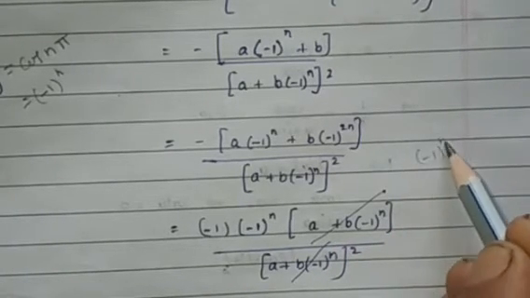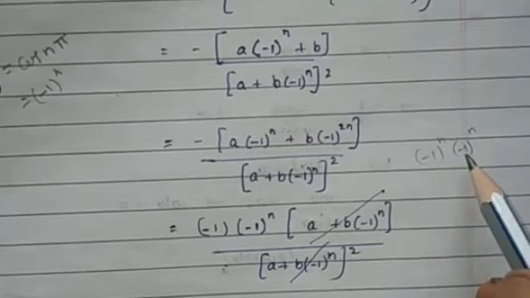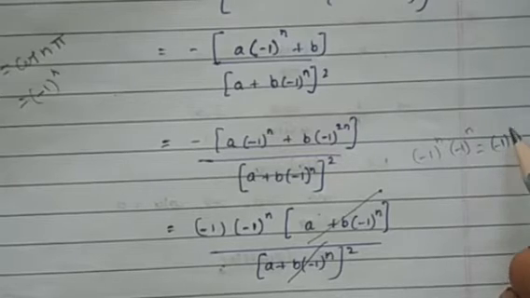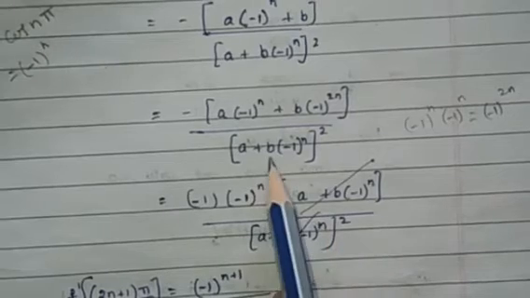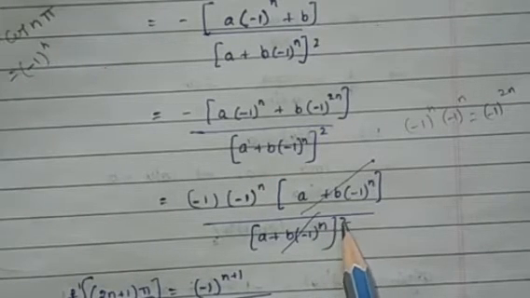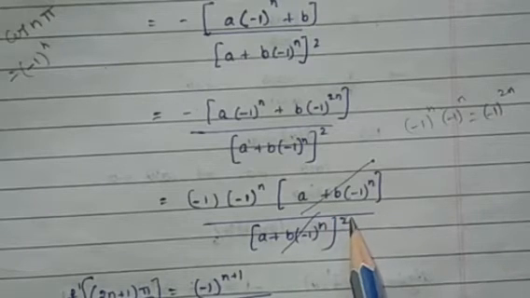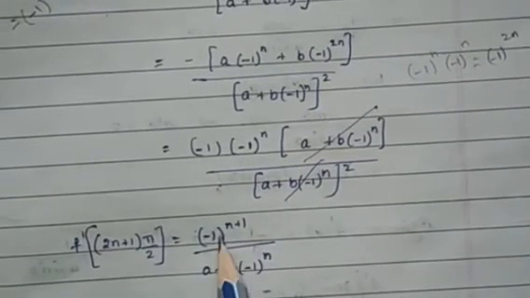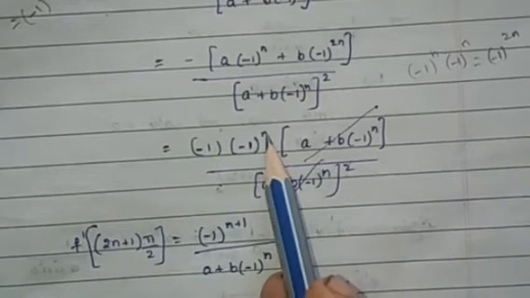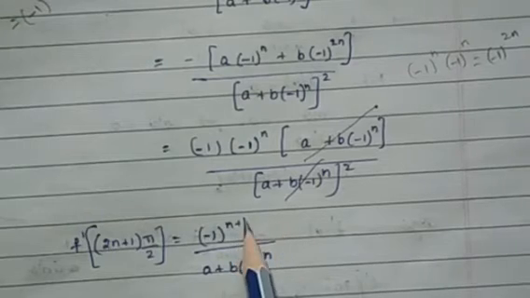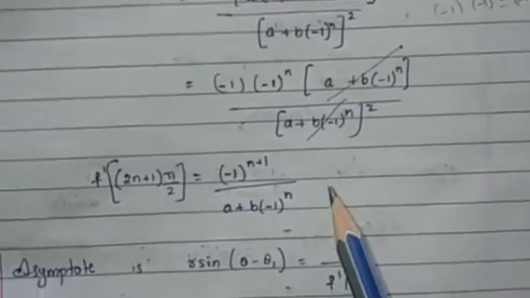Minus 1 all to the power n into minus 1 all to the power n is minus 1 all to the power 2n, by a plus b minus 1 all to the power n whole square. In this case, this will get cancelled. The remaining is minus 1 all to the power n plus 1. You get minus 1 all to the power n plus 1 by a plus b minus 1 all to the power n.